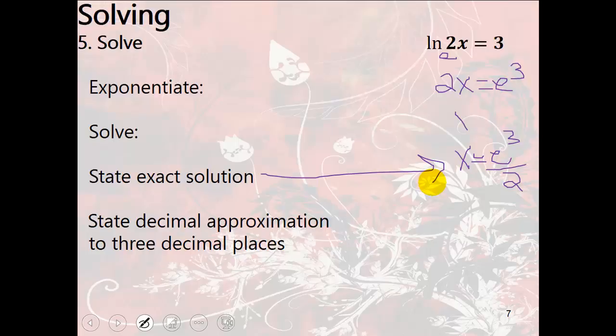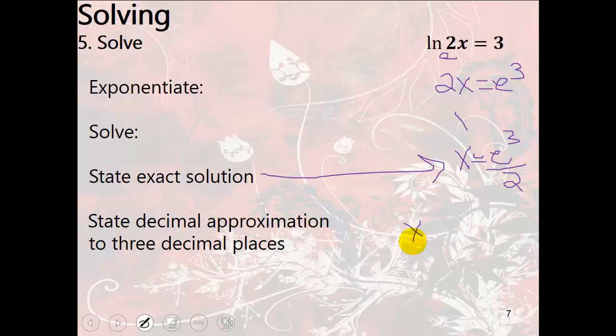Then the next instruction says state the decimal approximation to 3 decimal places. So when we plug that into our calculator, we get 10.043.